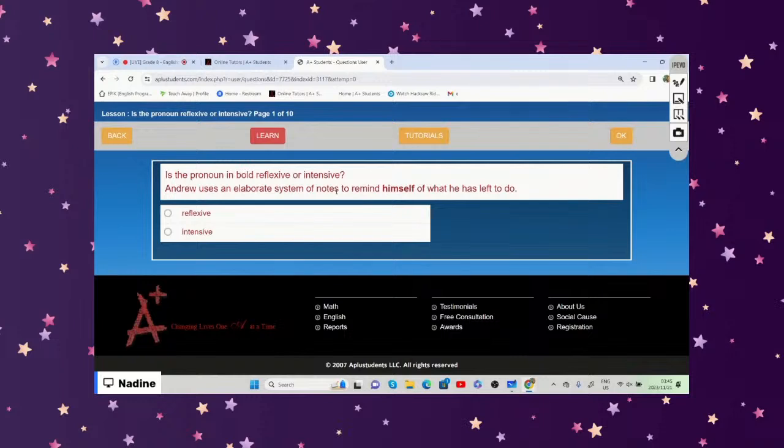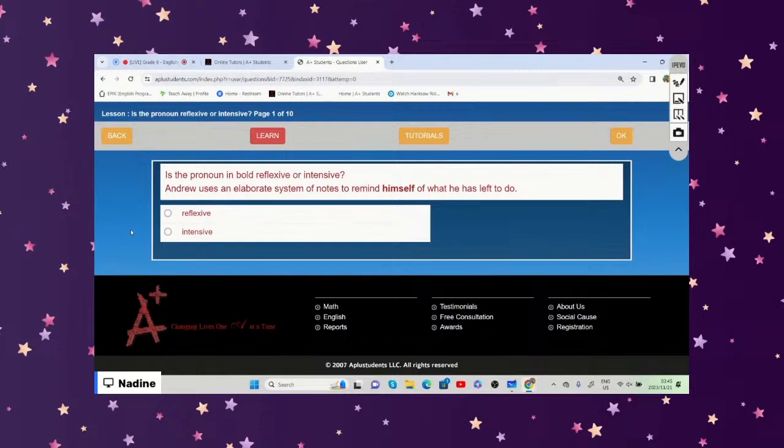So we can say, Andrew uses an elaborate system of notes to remind himself of what he has to do. Is it the reflexive pronoun or the intensive pronoun?